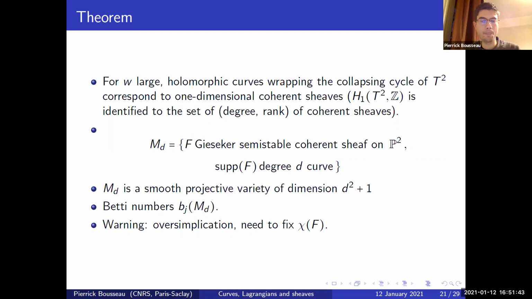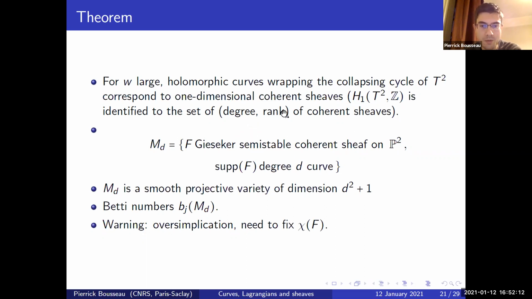Yes, so the claim is that for the kind of sheaf I'm looking at, essentially sheaves which have, let's say, either non-zero degree or non-zero rank, then the claim is about Gieseker semi-stable sheaves on KP2.